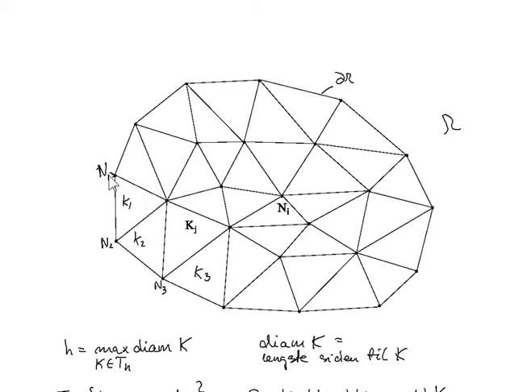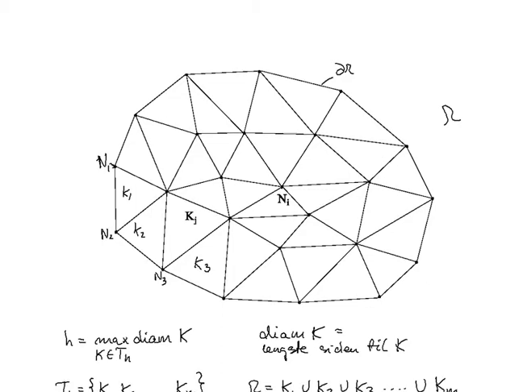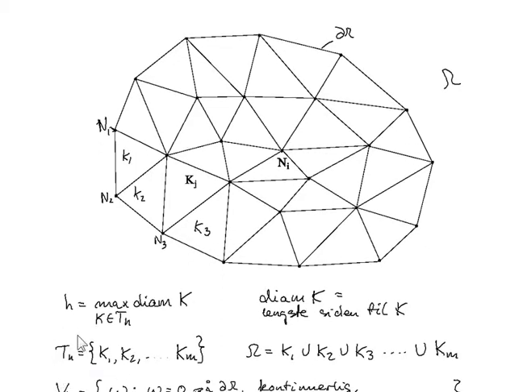polygonal triangulations. We will now define what we mean by this h. This is the maximum diameter of K, where K is taken over all triangles in the triangulation TH. And the triangulation TH, what is that?